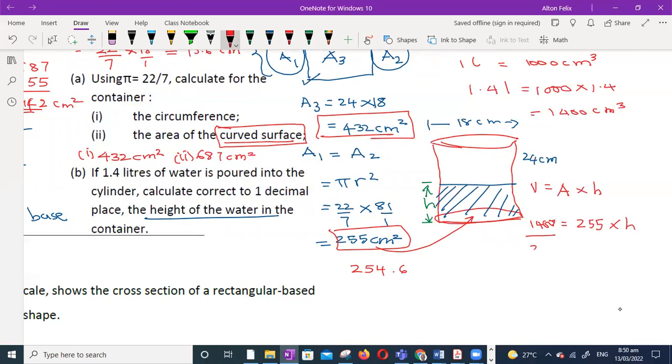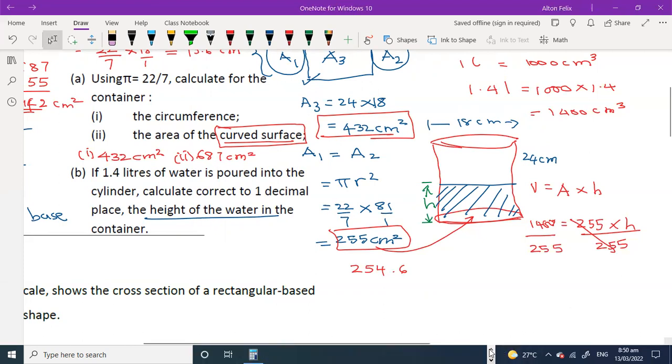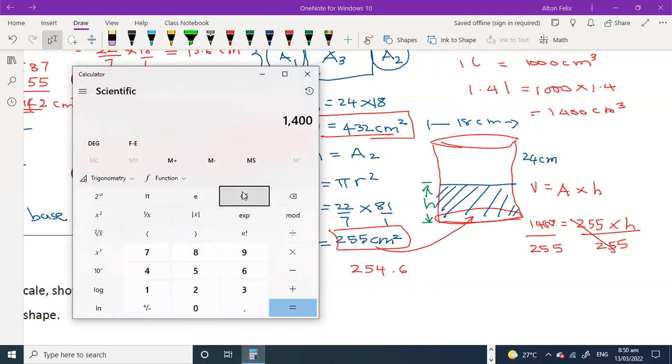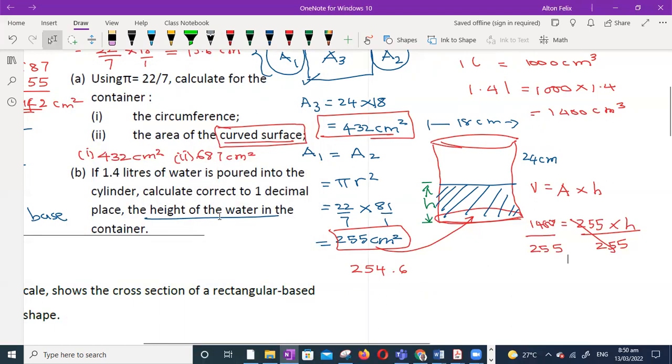So to find the height, you divide both sides by 255. This will cancel here. And the height in centimeters in this case, 1,400 divided by 255, is about 5.5 centimeters.